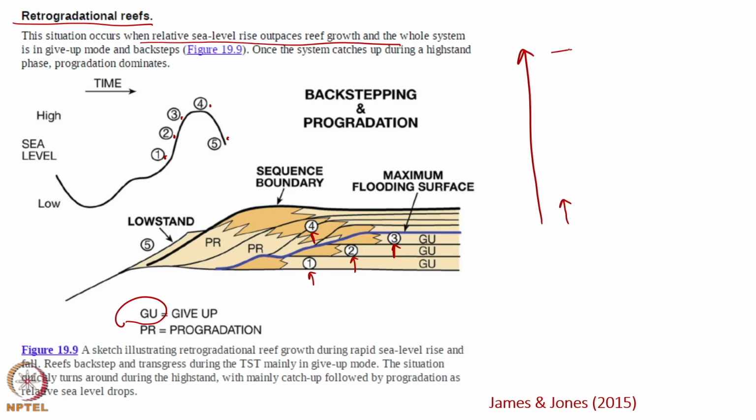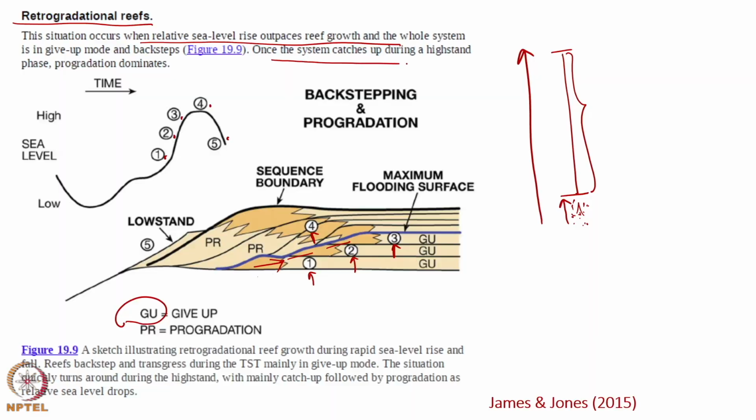So, there is a huge difference, and a long water column lies over the reefs which are present here. There can be suffocation and other issues when the reef actually dies, and in this the reef's growth is severely affected. In this case, the reef moves towards the landward direction and the stacking is non-vertical.